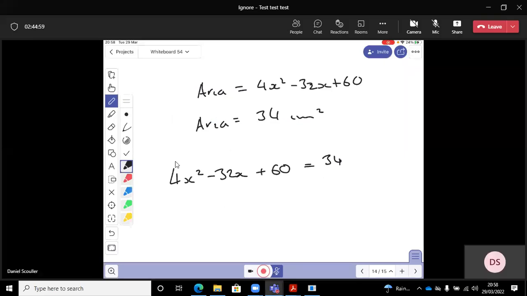So we have an expression that we can equate to 0. That's the first step that we do. Okay, so we've got 4x squared minus 32x plus 60. We're bringing that 34 over. So the right hand side is equal to 0. Just tidy that up.